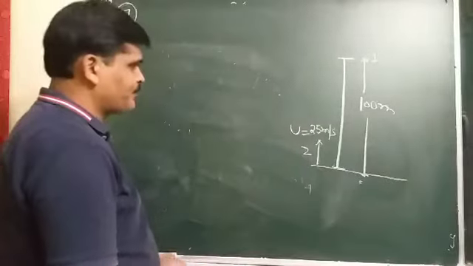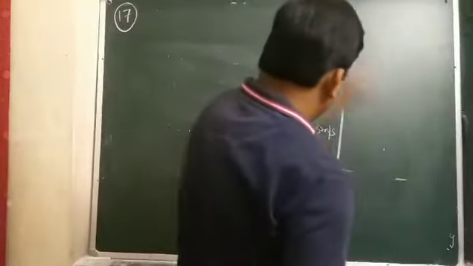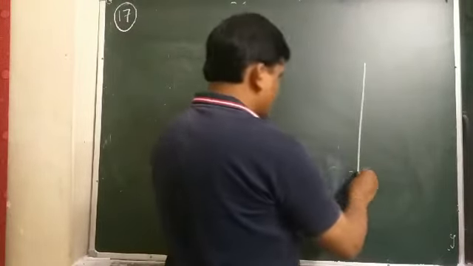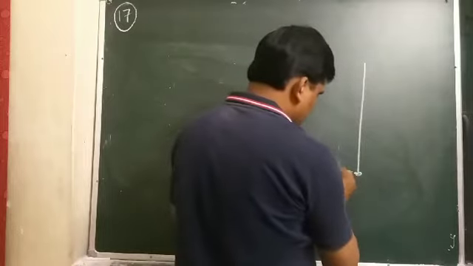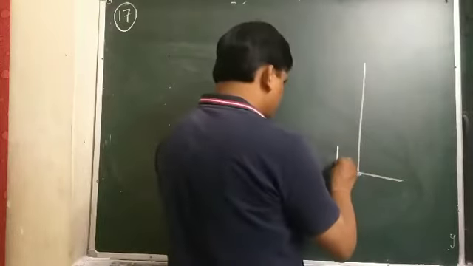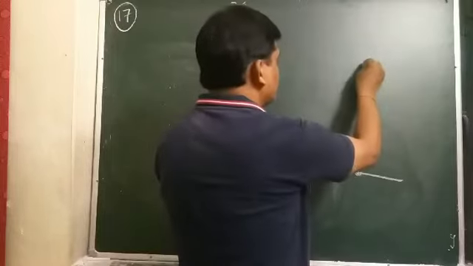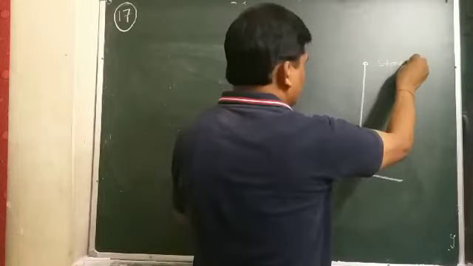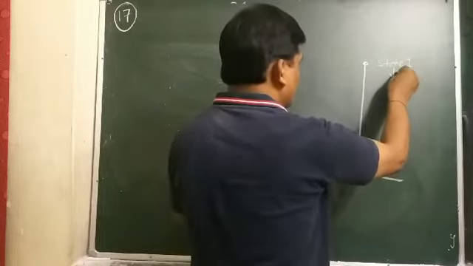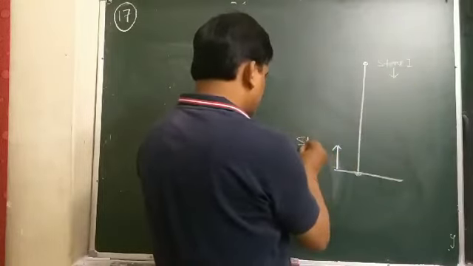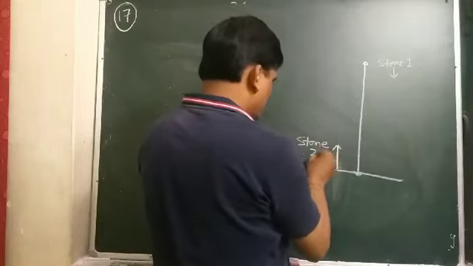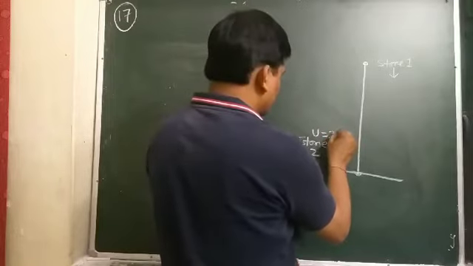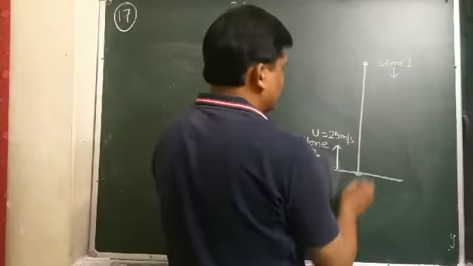So students, in this diagram we draw this. This is the ground, this is the tower, stone first which is dropped, another stone, stone 2, which moves with a velocity of 25 meter per second.